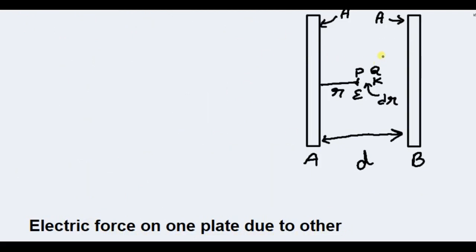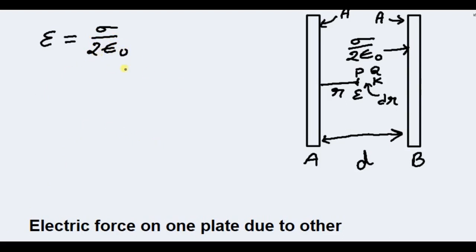The value of electric field at the surface of plate B due to the plate A alone is sigma upon 2 epsilon naught.